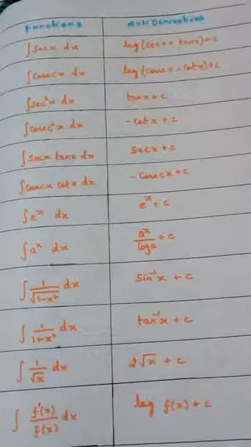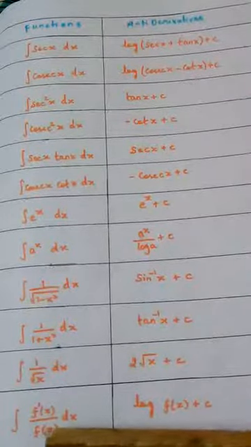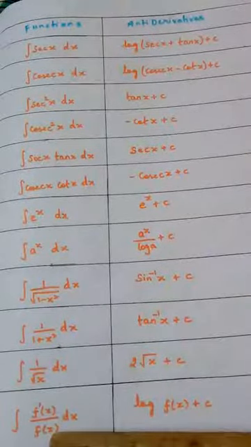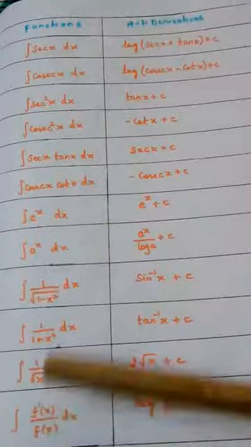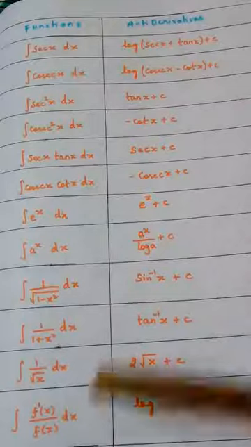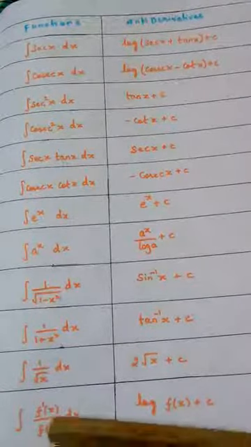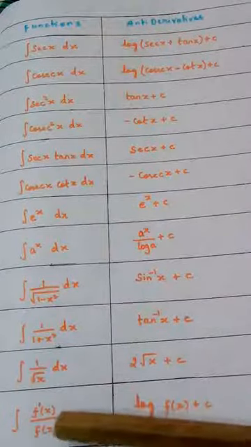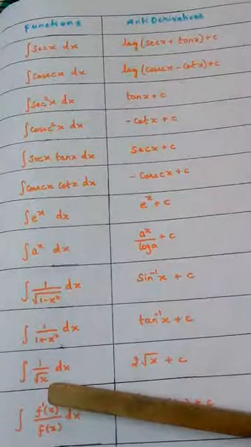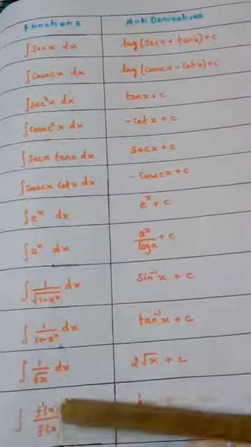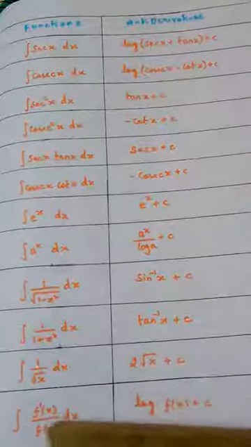So what we have to understand from this formula is, if a function is present in the denominator and the differentiation of this function is present in the numerator, then the answer for such kind of integration is log of denominator.